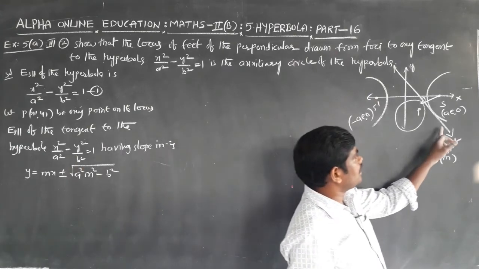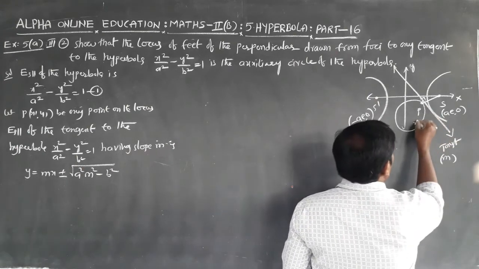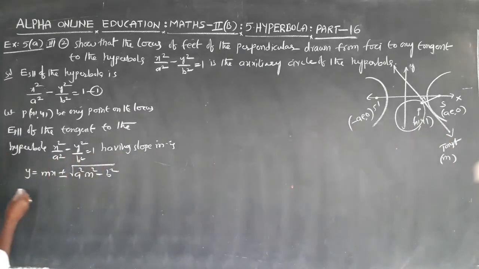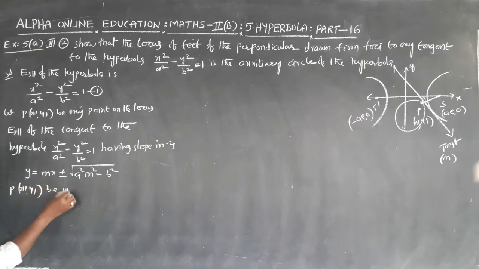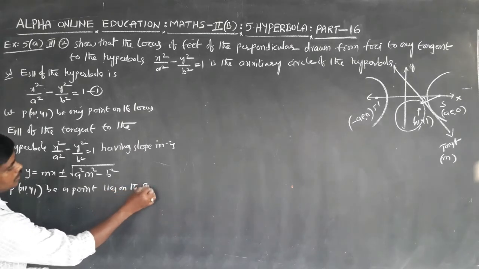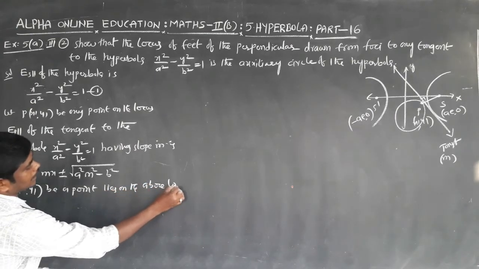Here the line is passing through the point P(x1, y1), so P(x1, y1) lies on the line.